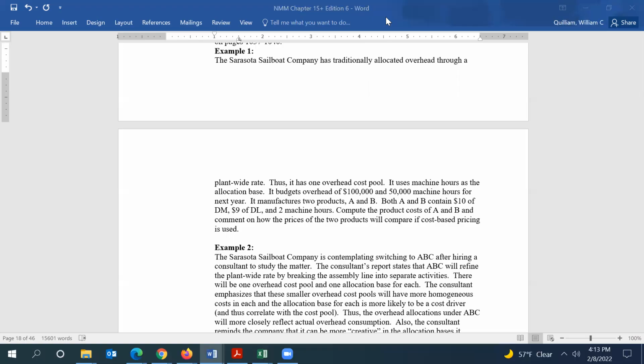But let me stop my share and put something up here on the board. So when it comes to this one traditional plant-wide rate that, quite frankly, isn't too accurate, well, we've got this great big plant-wide overhead cost pool.